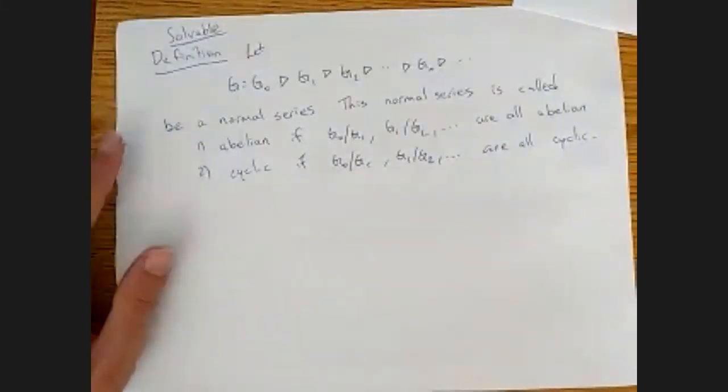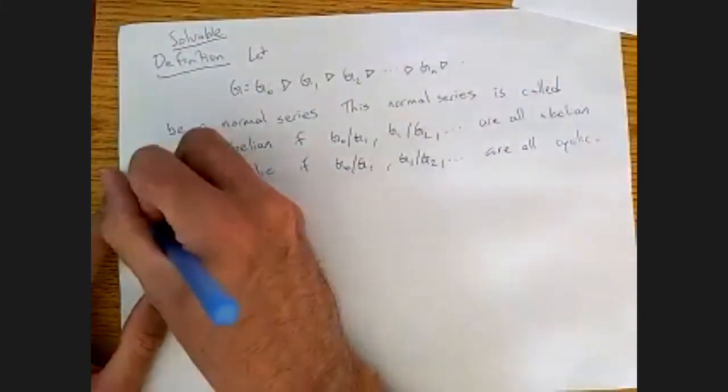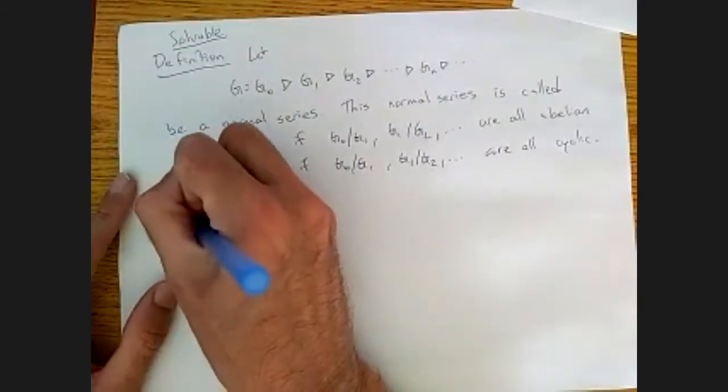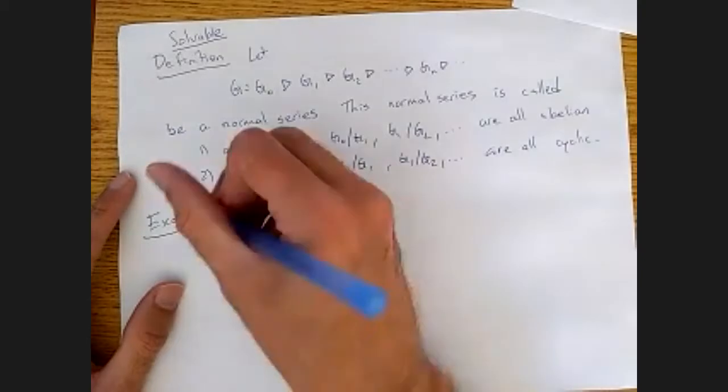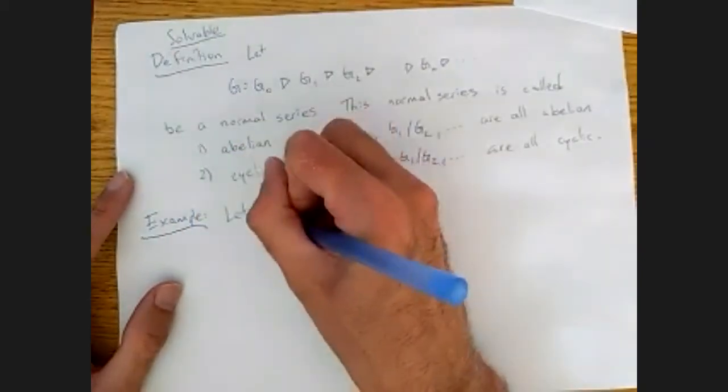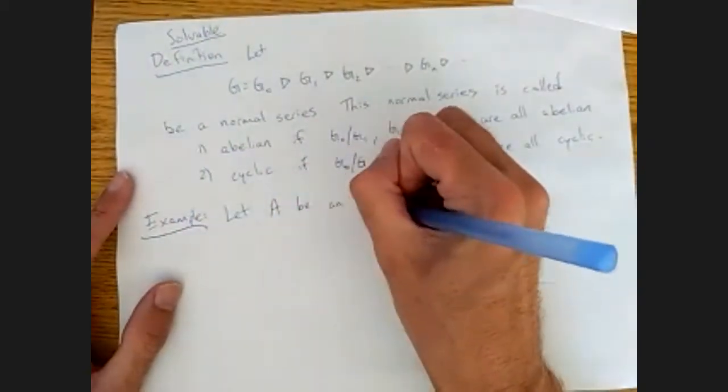Okay, let's do a quick example. Let A be an abelian group.